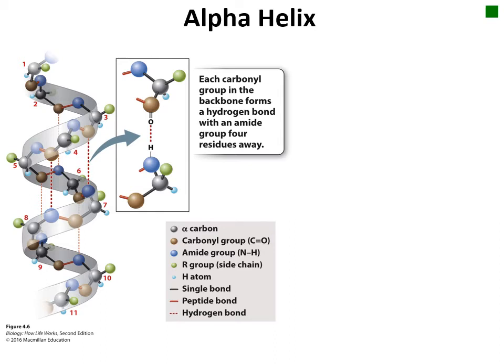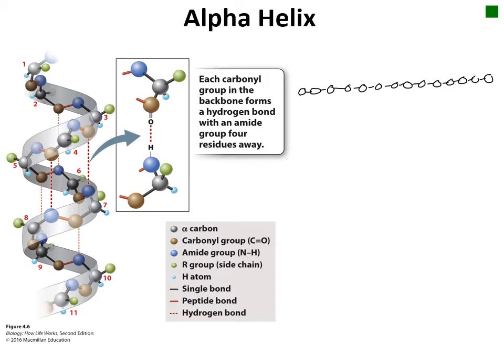For example, if we take this string of circles representing a chain of amino acids, this would be the primary structure of the protein.